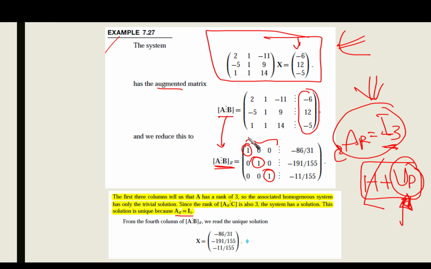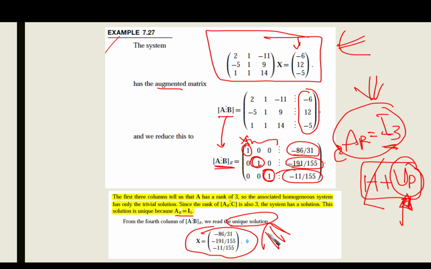This means that x1 equals minus 86 over 31, x2 equals this value, x3 equals this fraction, which we put here. So we call this the unique solution.